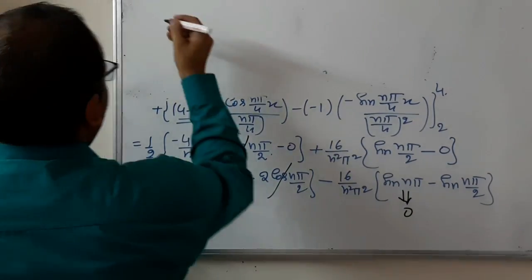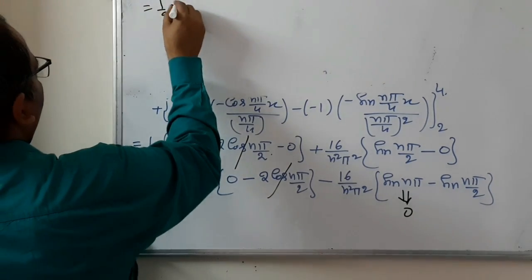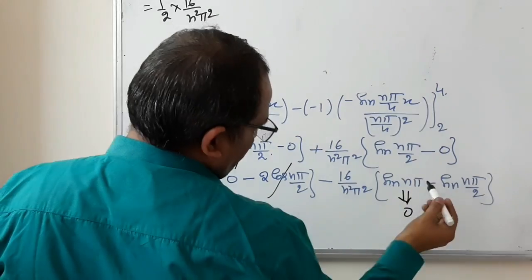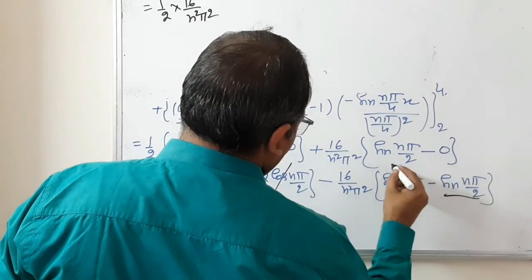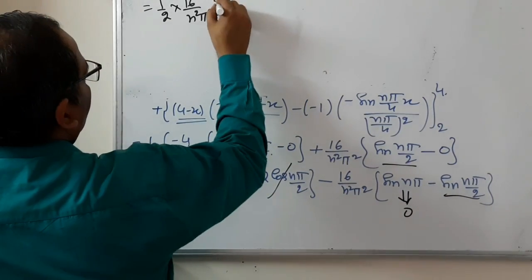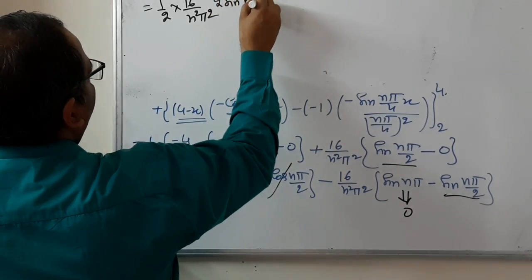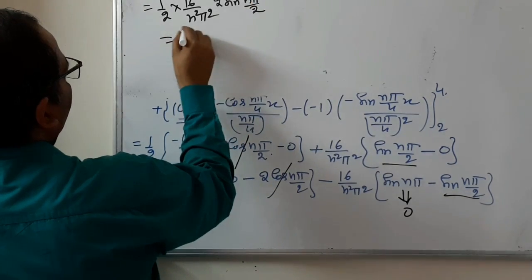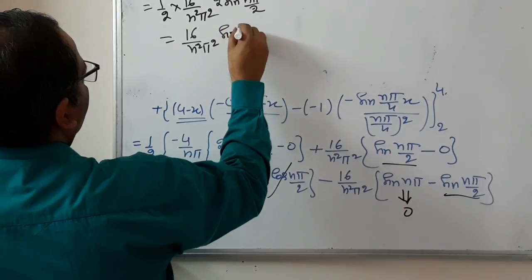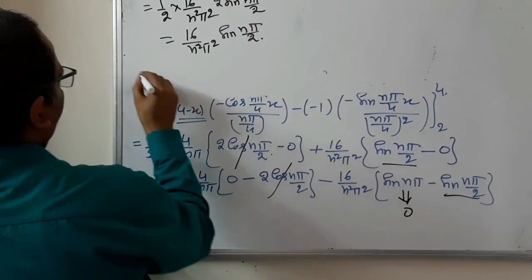So solving this, we get 1 by 2 into 16 upon n square pi square. The sign of both this one and this one are the same, here plus, here minus minus plus, that means 2 times sine of n pi by 2. That means 16 upon n square pi square sine of n pi by 2.